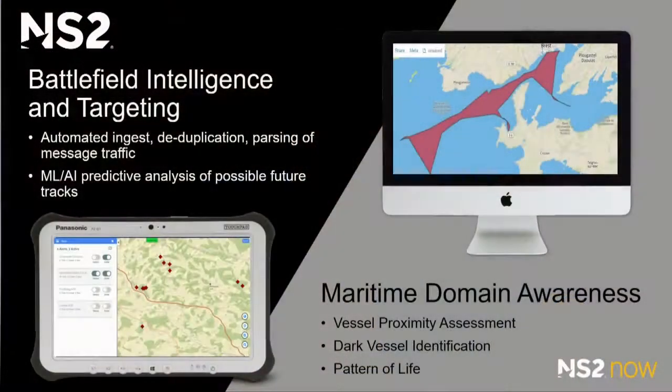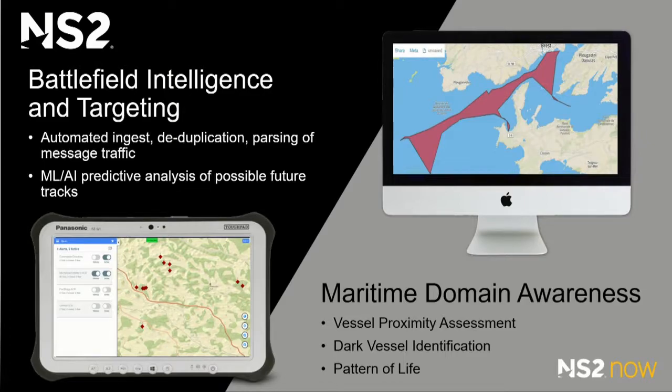The first is battlefield intelligence and targeting. This is about ingesting message traffic and deduplicating those messages so that it's understood that multiple messages refer to the same adversary unit, not separate sightings of many adversary units. And all that has to occur in an automated fashion.